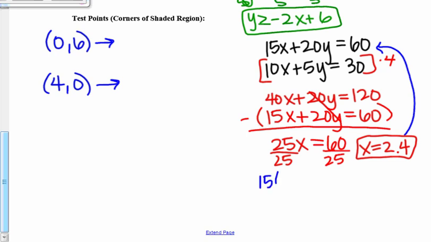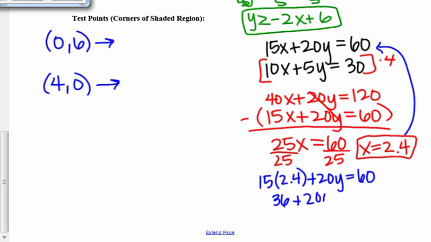So 15 times 2.4 plus 20y equals 60. 15 times 2.4 is actually 36, so it works out kind of nice. 36 plus 20y equals 60. When I subtract over 36, I get 20y equals 24. And then I get that y equals 1.2. So 24 divided by 20, I get 1.2.